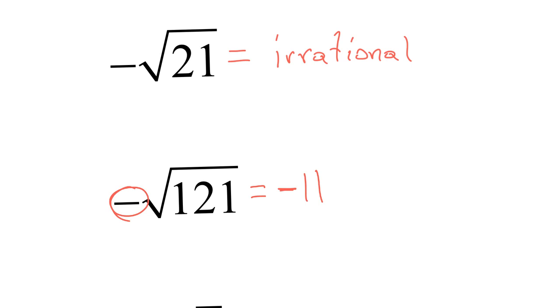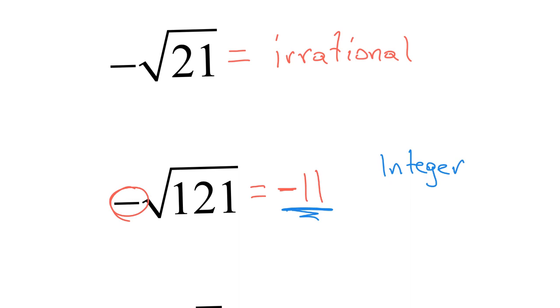Now you can start looking for those names for this negative 11. First of all, not natural because it's not positive. Natural numbers are only positive numbers. But this one, it is an integer. We don't say whole number because whole numbers are only the 0 and the positive numbers.